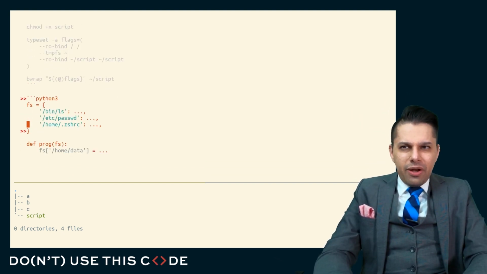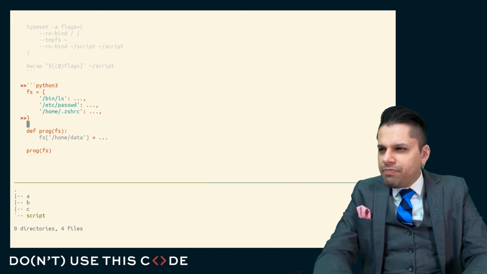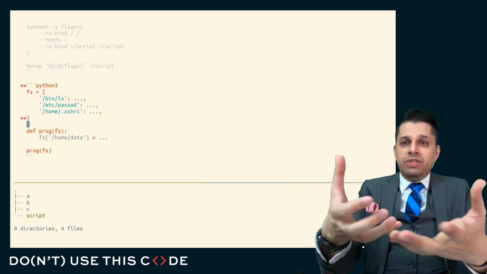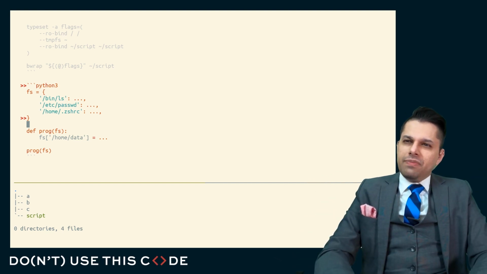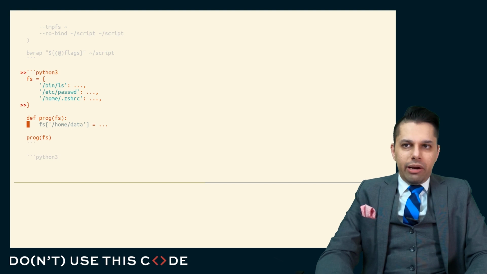And if you think about it, a file system is kind of like a dictionary in Python. It's a mapping from some location, a file system path, to some object, some data. And you could think of a program that interacts with that file system as something that is setting and retrieving from this dictionary.